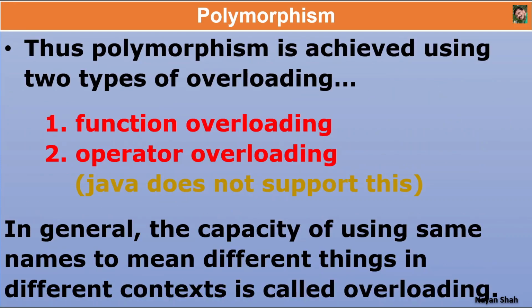Thus, polymorphism is achieved using two types of overloading, function overloading and operator overloading. But as I said, Java does not support operator overloading. So in general, the capacity of using the same names to mean different things in different contexts is called overloading.